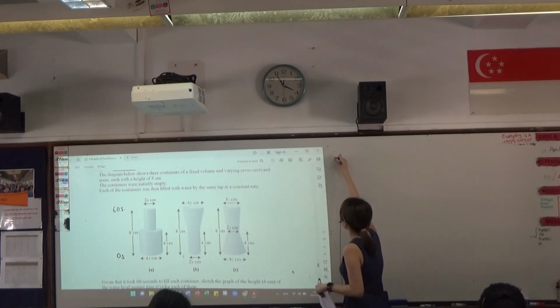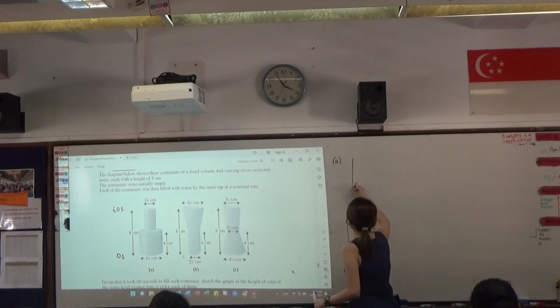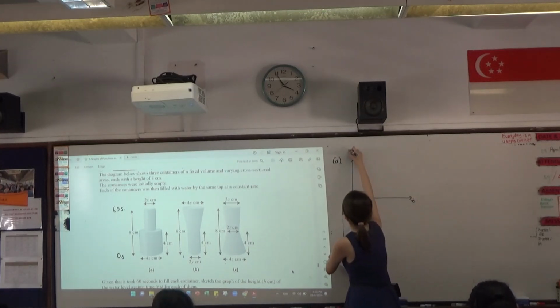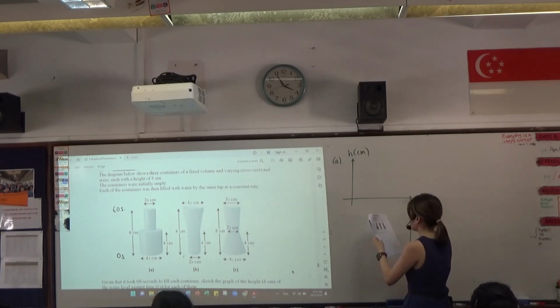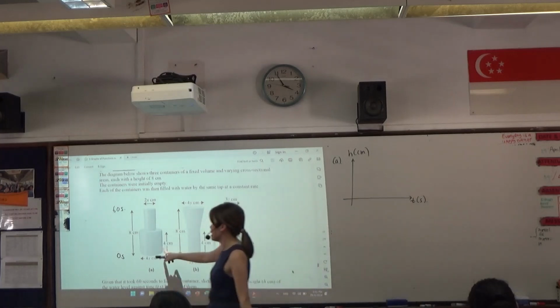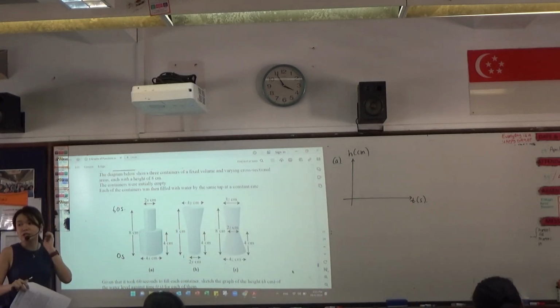Okay, so for part A, the first one, how will we go about drawing our graph? Okay, now we see that in part A, right, the 2 segments actually are of a uniform cross-sectional area.